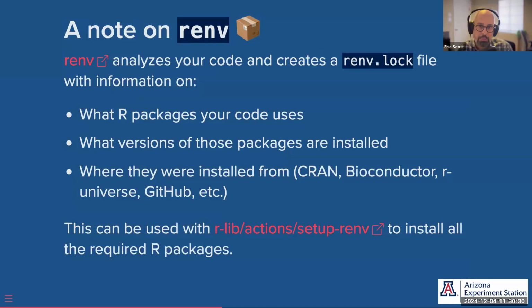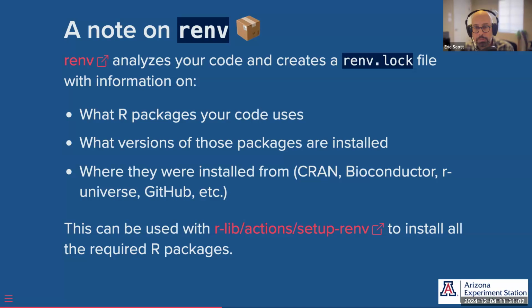So renv is an R package. It is a super useful one. It's a good one to know about just in general, but also it works really nicely with GitHub Actions. So what does renv do? Basically, it analyzes your code in your project and figures out what packages it's using and creates this file that has information on what R packages your code uses, what versions of those packages are installed, and where they were installed from, whether it's CRAN or Bioconductor or GitHub or something like that.